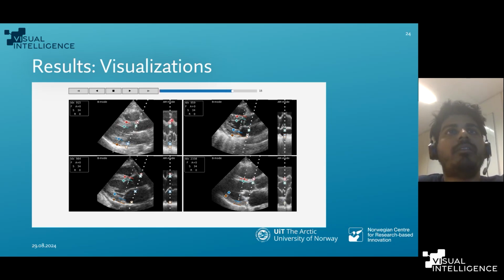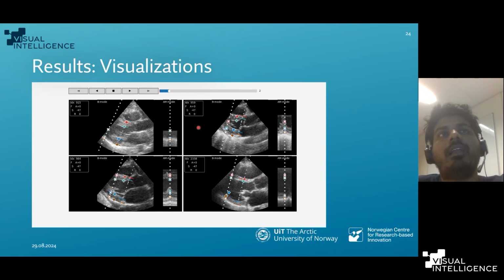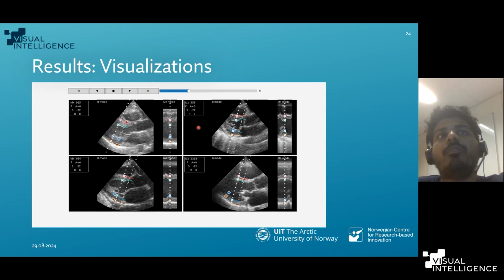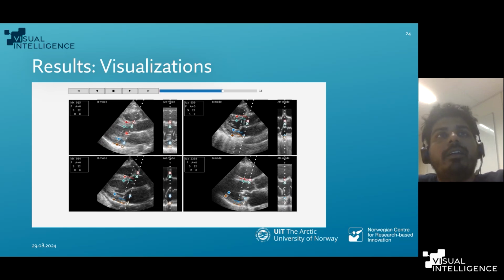So this model is kind of robust to small perturbations of the scan line locations, and it can be used to perform different measurements at different levels without any additional training.